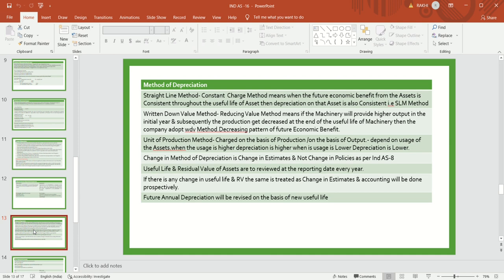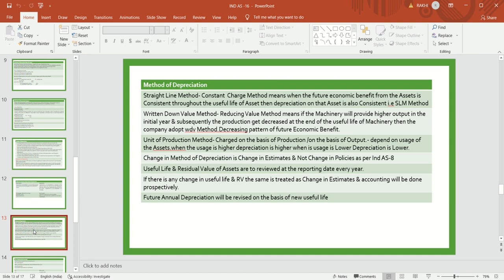When the usage is higher, depreciation is charged at a higher amount. When the usage is lower, depreciation is lower. When the usage of the asset is higher and production is more, then depreciation is more. When production is less and usage is less, depreciation is also less.